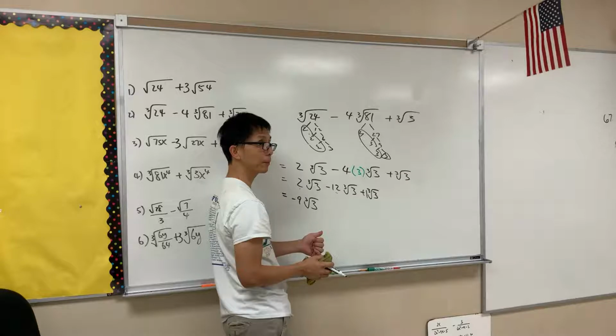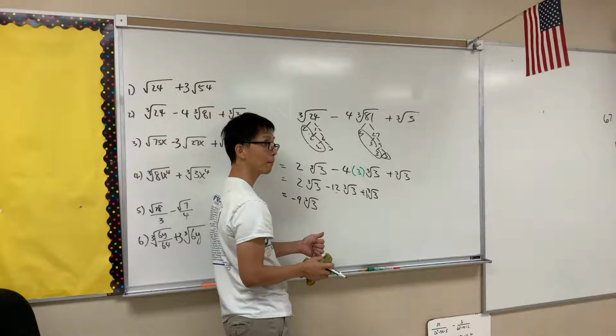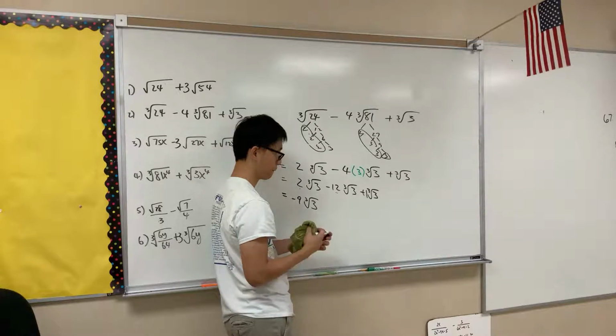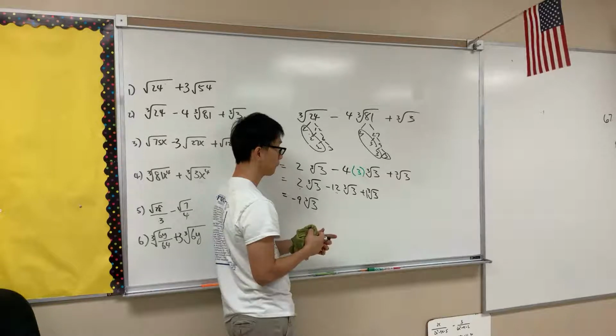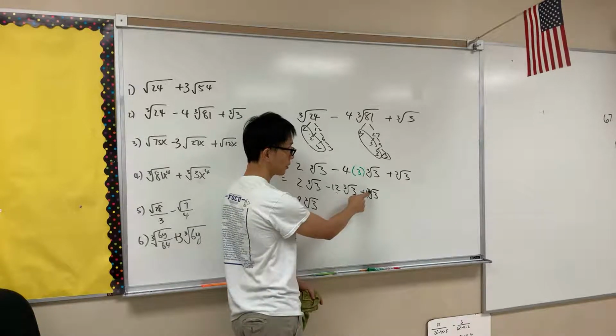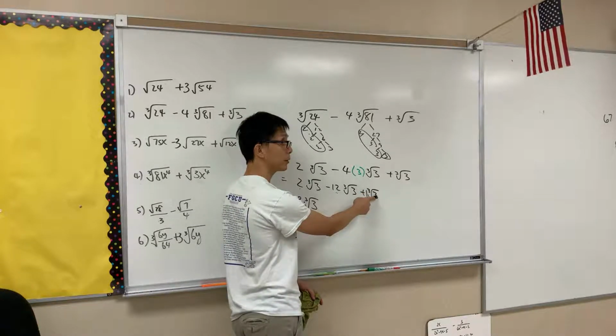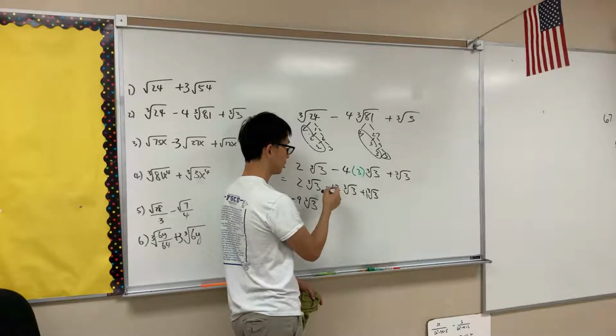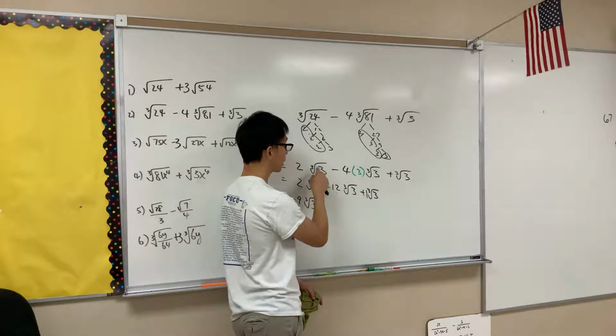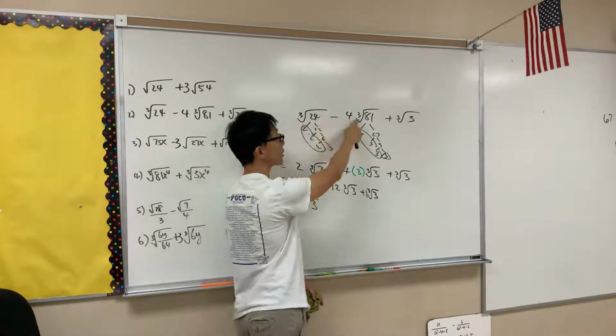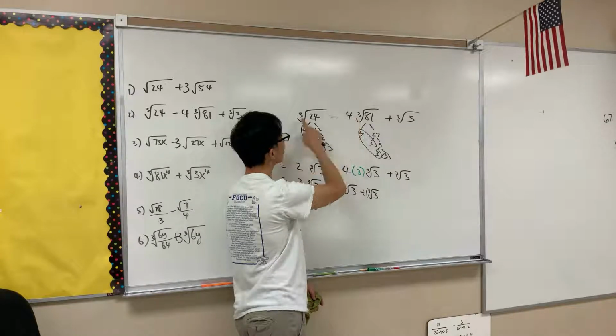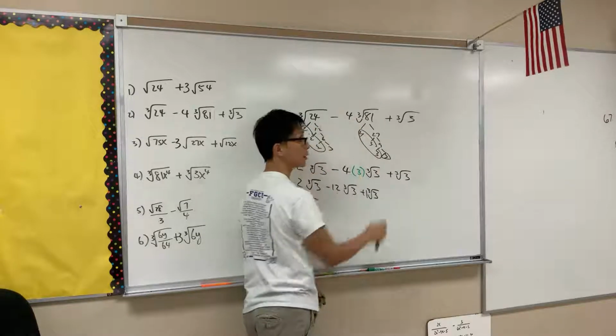Question about this part? How did you write the 3 on the radical, the index 3? I did. This is index 3. Yeah, but why did you write it after every integer, like after the 2 and after the 12? Oh, because the question starts with the index.